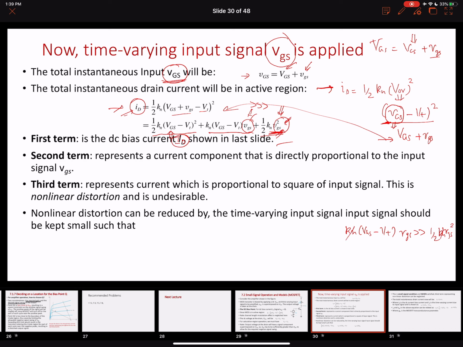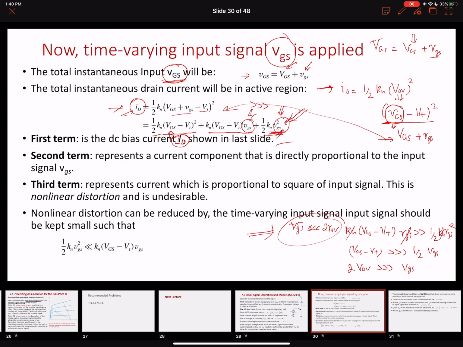So VGS minus VT, the overdrive voltage, times 2 should be sufficiently larger than vgs. That can be rewritten as vgs should be sufficiently smaller than 2 times the overdrive voltage. This condition needs to be true so that the third term, the non-linear amplification, can be neglected, and our amplifier behaves as a linear amplifier.